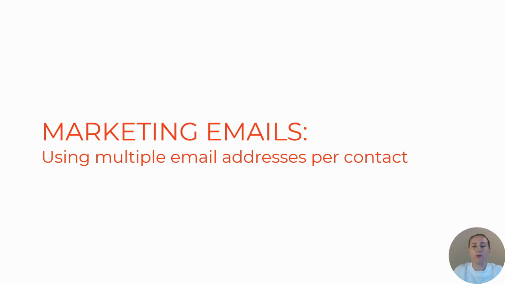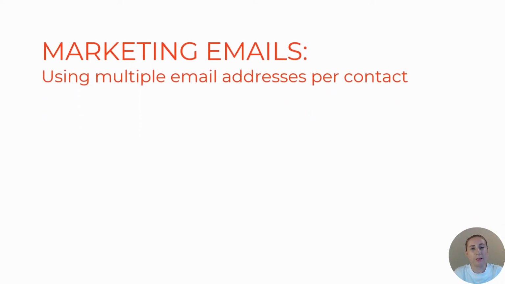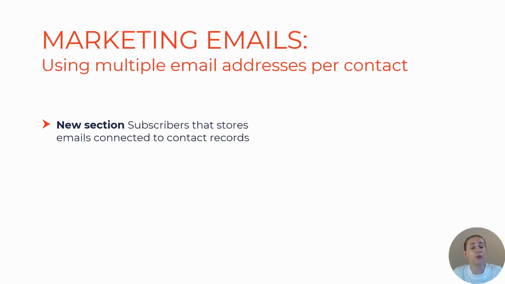So often enough, you will be in a situation when one contact has multiple emails, and you probably want to think of a way to make use of those multiple emails for that contact. Perhaps they would prefer to use one email for more work-related communication and others for more personalized messages. Whatever the case might be, there is actually a way to do that.